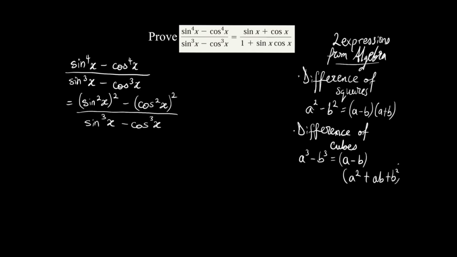And so, still working on the numerator, we can now say that sine square x minus cosine square x, and here we have sine square x plus cosine square x.